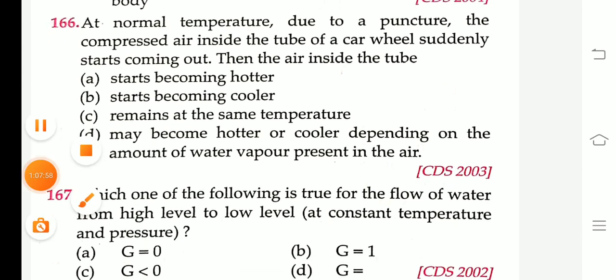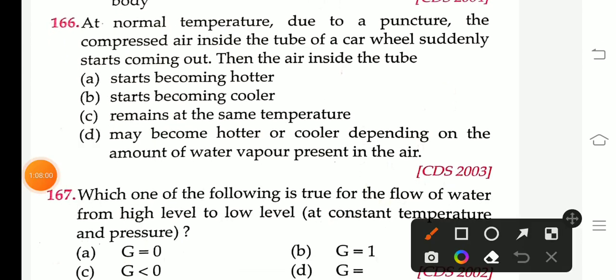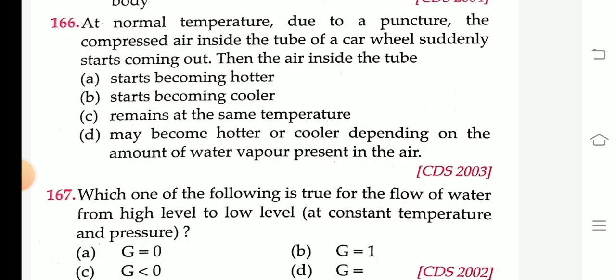Next, at normal temperature, due to a puncture, the compressed air inside the tube of a car wheel suddenly starts coming out. Then the air inside the tube, right answer will be option C, remains at the same temperature.